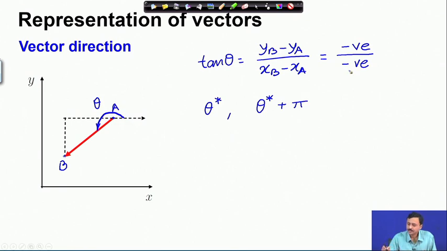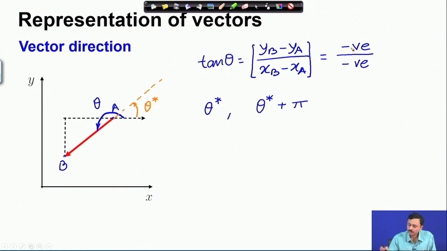So, if you get a positive ratio like this, here the ratio is positive. If you do tangent inverse of that positive quantity, then what you are going to get is this angle theta star.